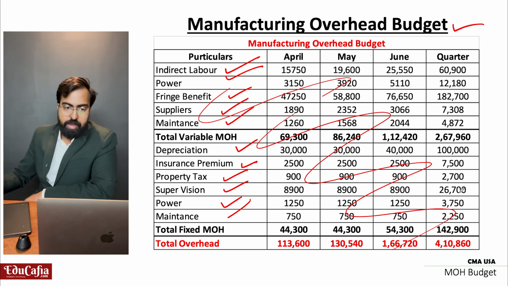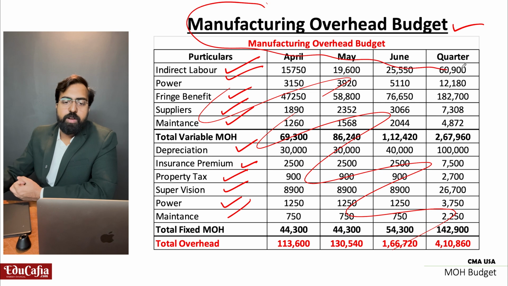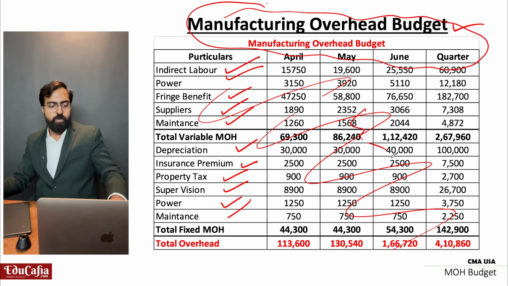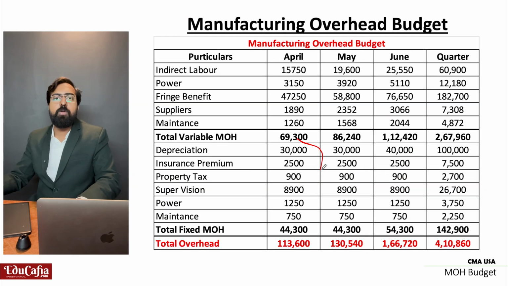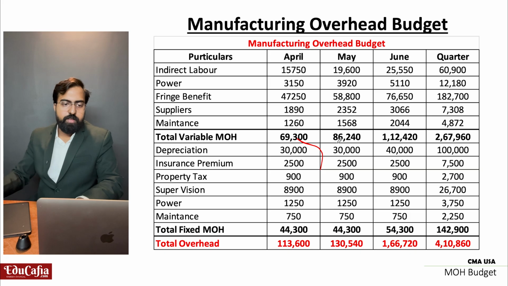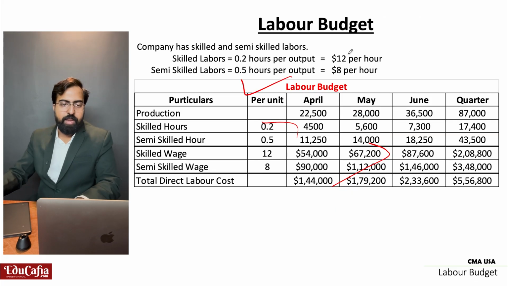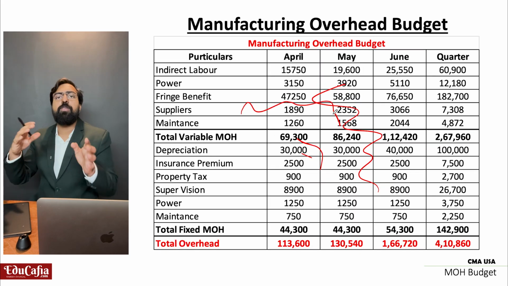No. We have to find them out from the company. So don't worry, the manufacturing overhead budget will not be asked in the exam. It will be given in the question itself, because it is not possible to calculate like the others. This is according to the company, and it will change according to the company.